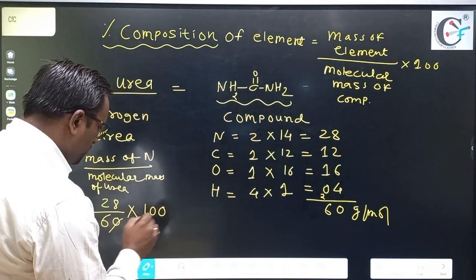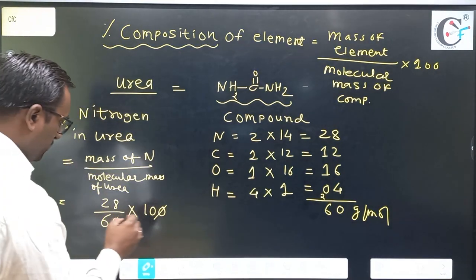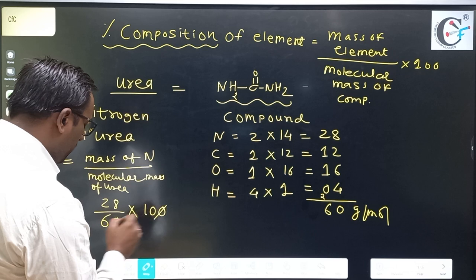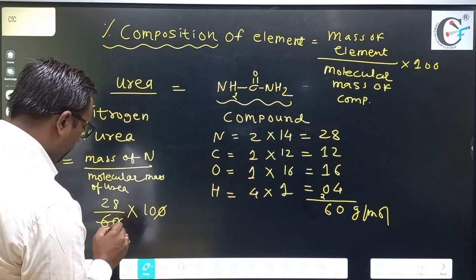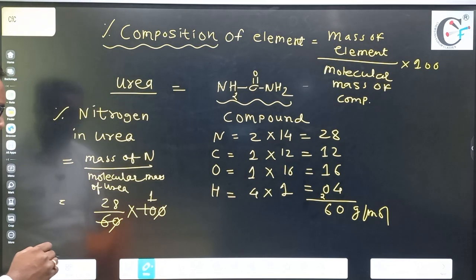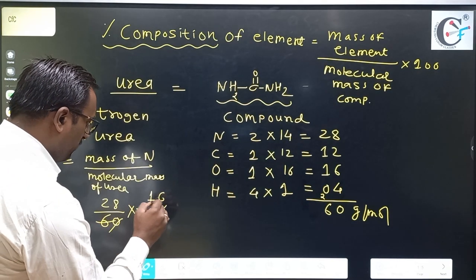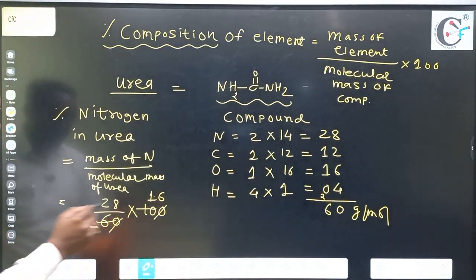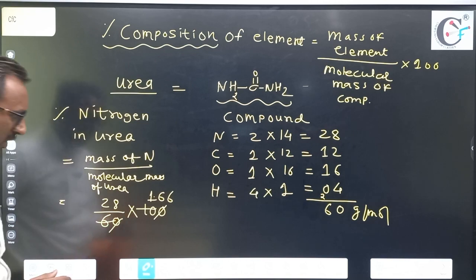Dividing, we get 1.66, and 1.66 into 28, we will get the answer, that is 46.48%.